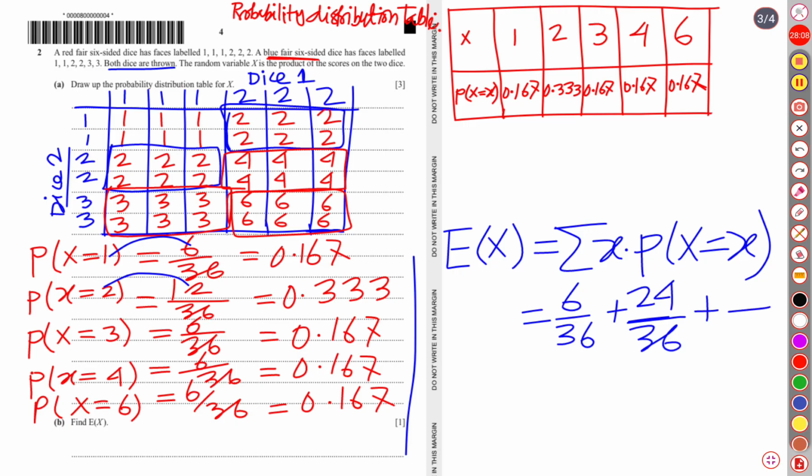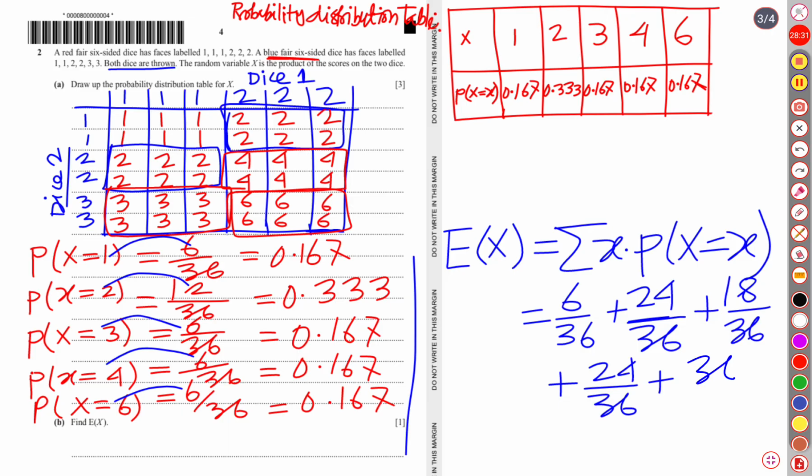If we multiply 3 by 6, it is going to be 18. 18 over 36. Then the fourth one, if we multiply, 4 6s are 24. 24 over 36 plus the final one, 6 sixes are 36.